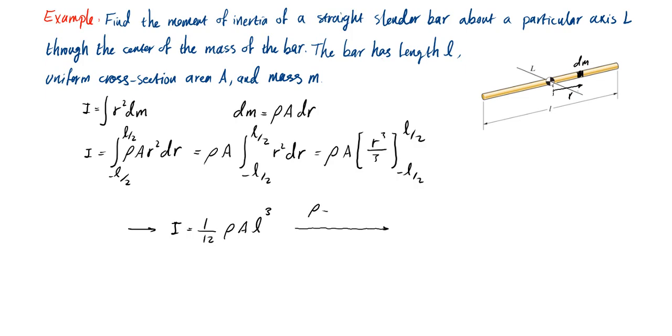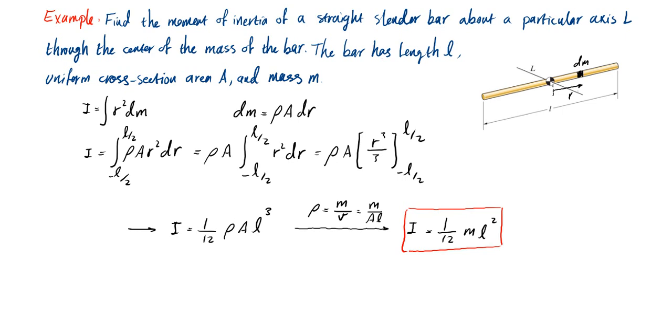So rho is equal to m over v, which means it's equal to m over A times L, the length of the bar. I replace the rho with m over A L, and I'll get what I was looking for, which is the mass moment of inertia of a slender bar about its center of mass. This is a very important equation. We'll use this over and over.